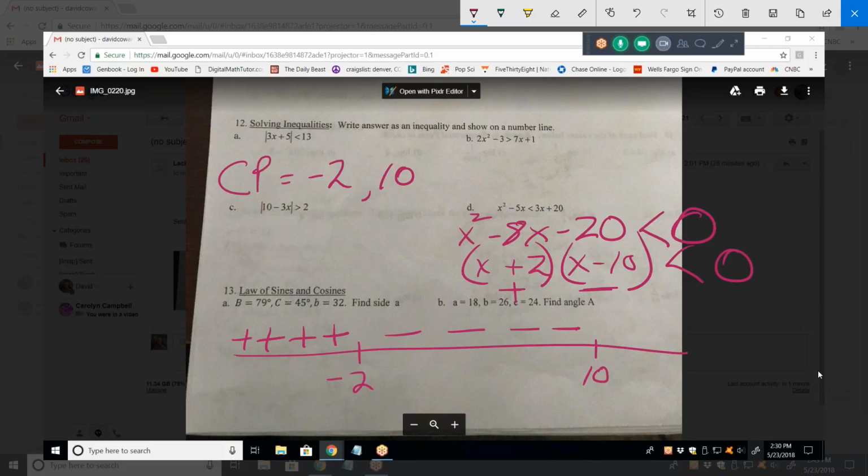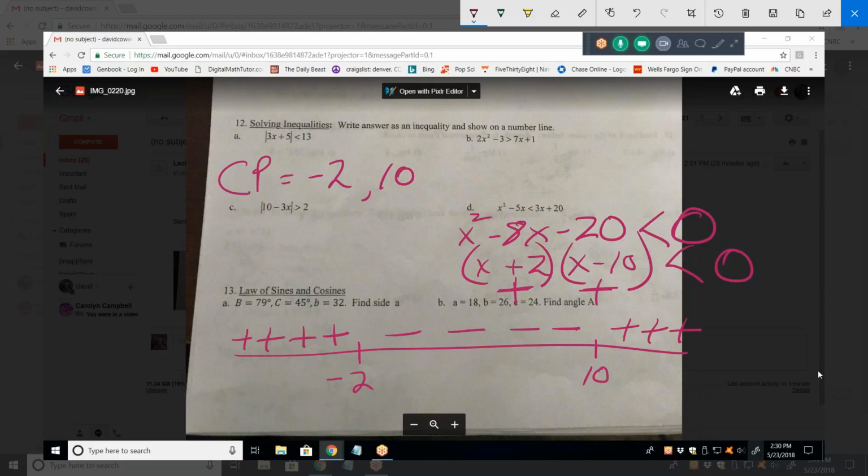Yeah, just a suggestion, pick the smallest numbers. I would pick 11. Just makes the arithmetic easier. But regardless of what you pick, that's positive and that's positive. Which means those are all positive.